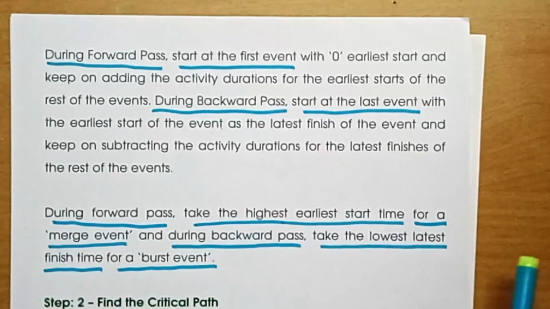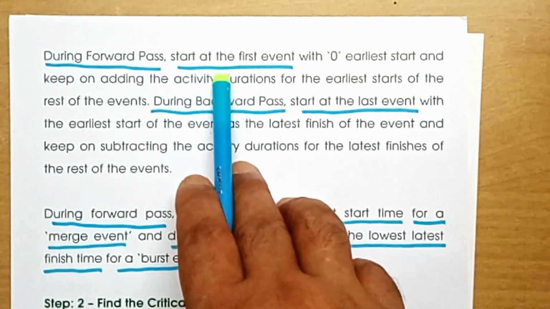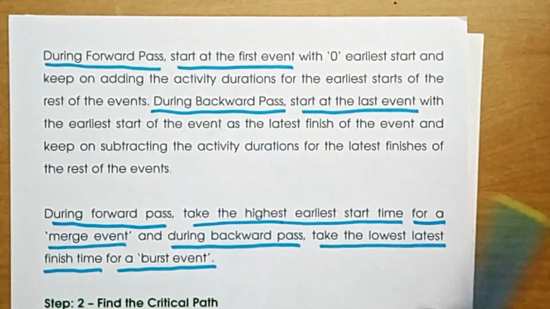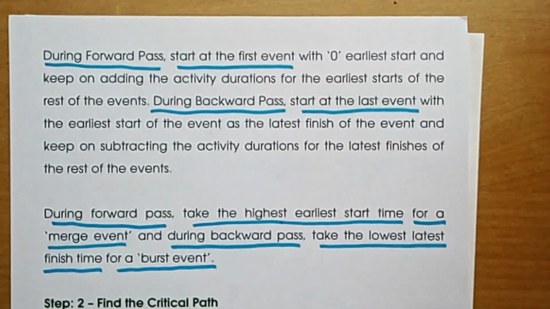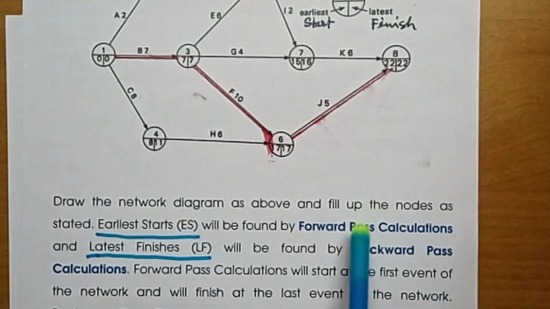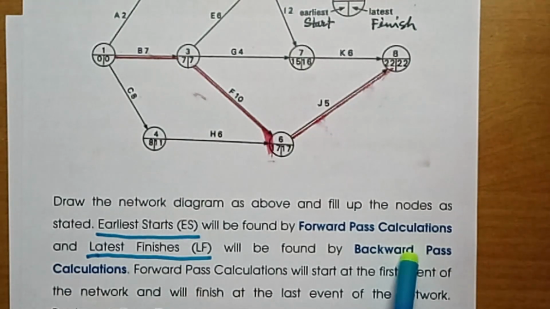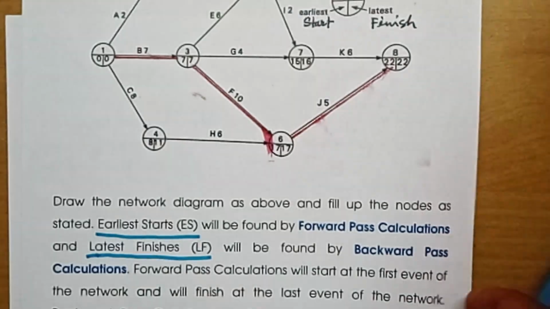Forward pass calculations are applied to identify the earliest start, and backward pass to identify the latest finish.